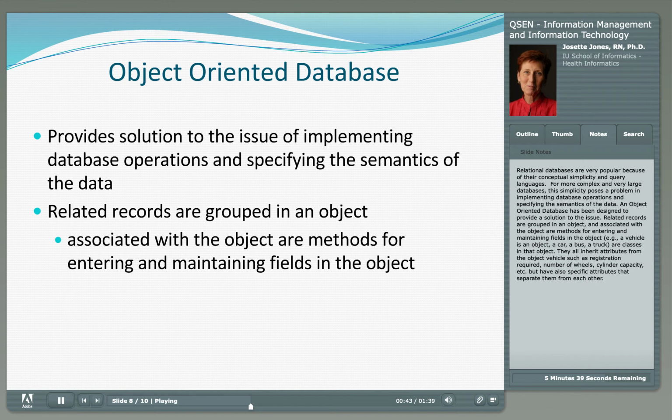Within the object, very specific and related elements are grouped in classes. The classes inherit attributes from the object, for example a vehicle, such as registration, number of wheels, cylinder, speed, and so on.